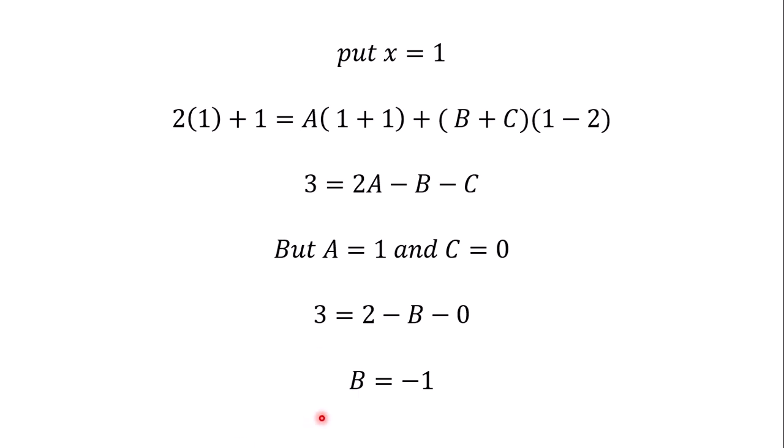Okay, so now that we know the value for each of the variables in the integral, let's replace those variables with the values that we had for them. So you're going to replace a with 1, b with minus 1, and then c with 0. And then let's see what we are going to get and then we integrate.